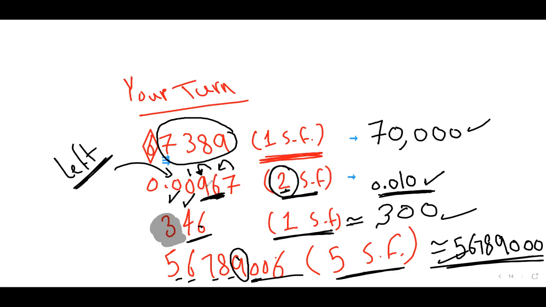It will be 7. So here it will be 0.0097. 2 significant figures. Okay, Khalid?